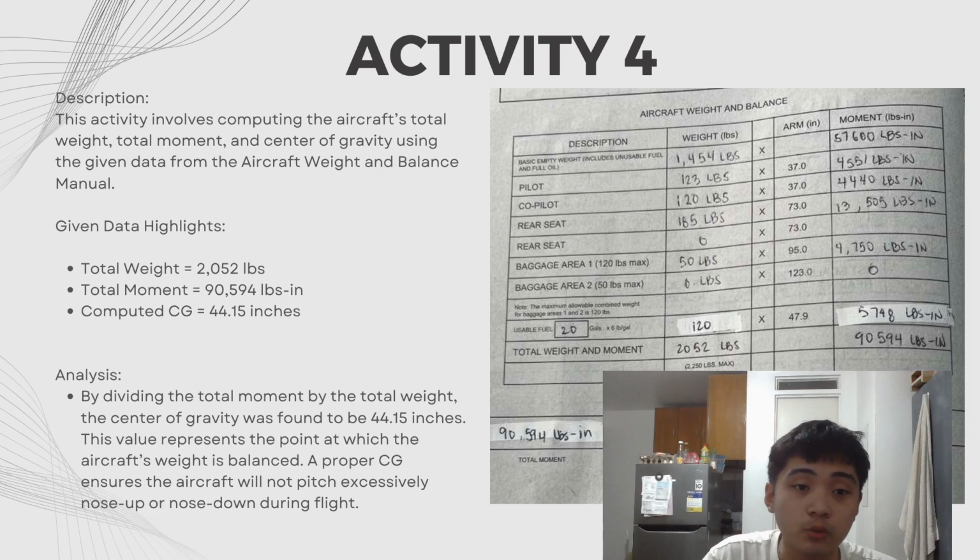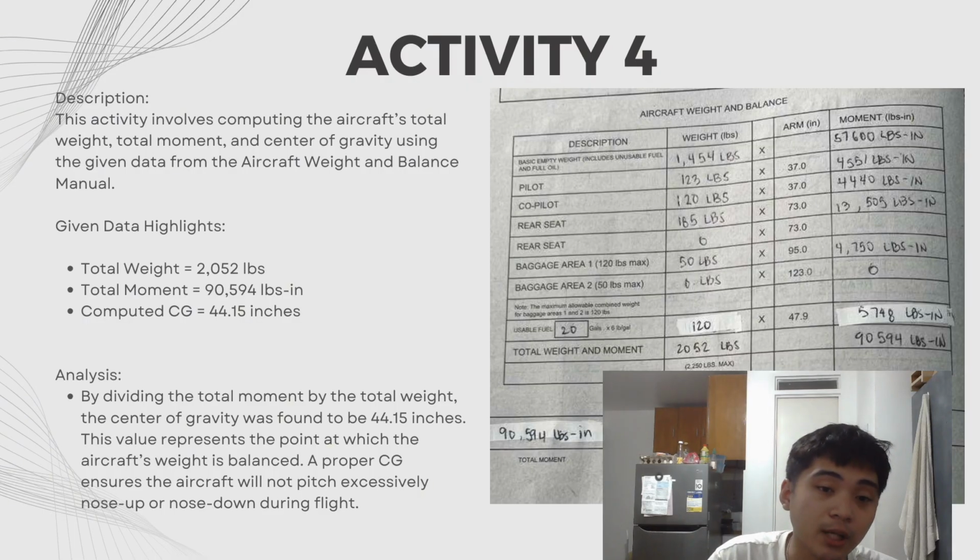The table includes weight in pounds, which represents the total load for each part, arm in inches, which measures the distance of each load from a fixed reference point, and moment in pound-inches, which is the product of weight times arm. The formula used is moment equals weight times arm.